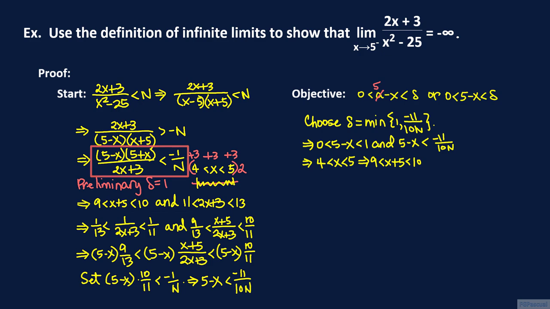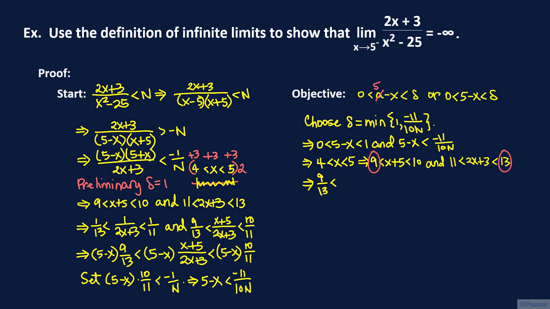Now we target the denominator 2x plus 3. We multiply everything by 2 and then add 3. The result is 11 is less than 2x plus 3 is less than 13. We take the smallest quantity in this inequality and divide it by the biggest quantity in this inequality. And so 9 over 13 will be the smallest of the fractions that we will form.